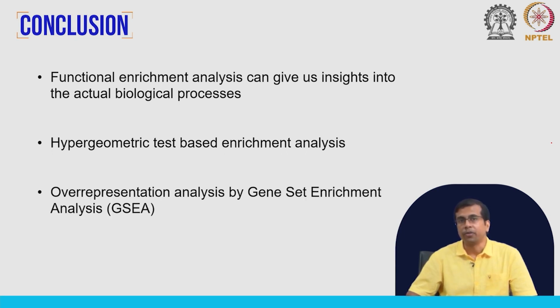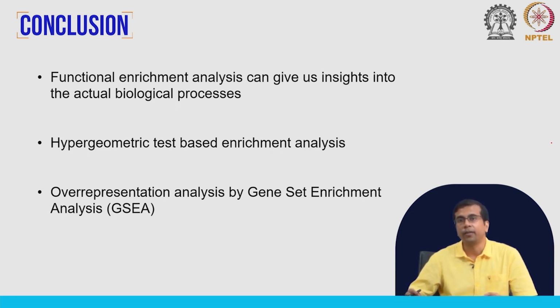There is another approach that we have talked about, which is the overrepresentation analysis, and the method is GSEA. The goal of this method is slightly different. It starts with a ranked list of genes and their correlation with specific phenotypes, and we also have the phenotype labels.